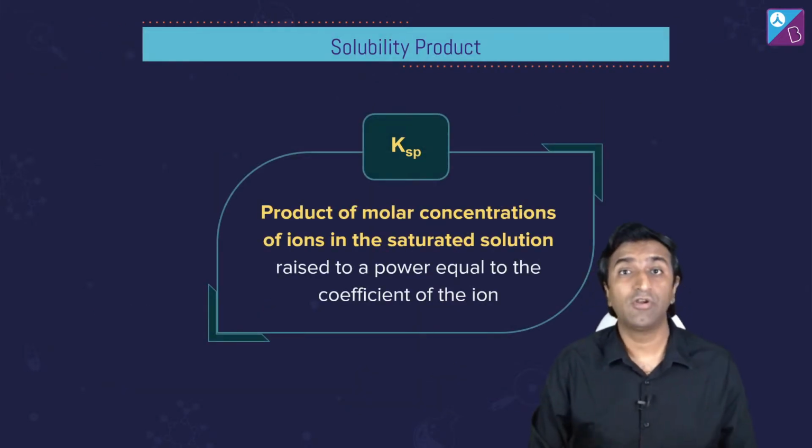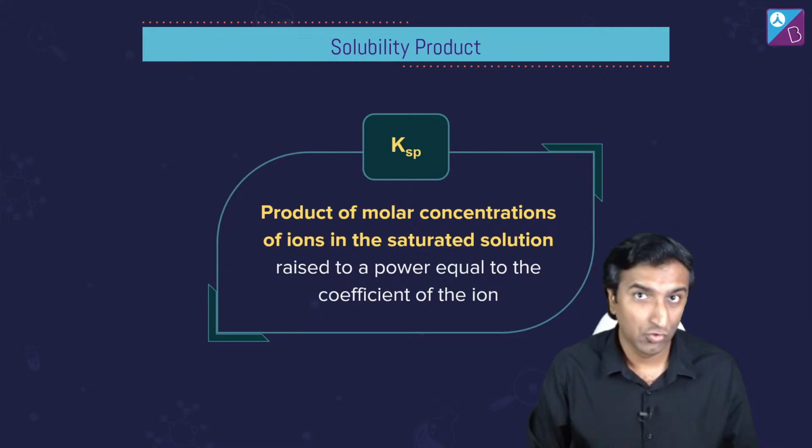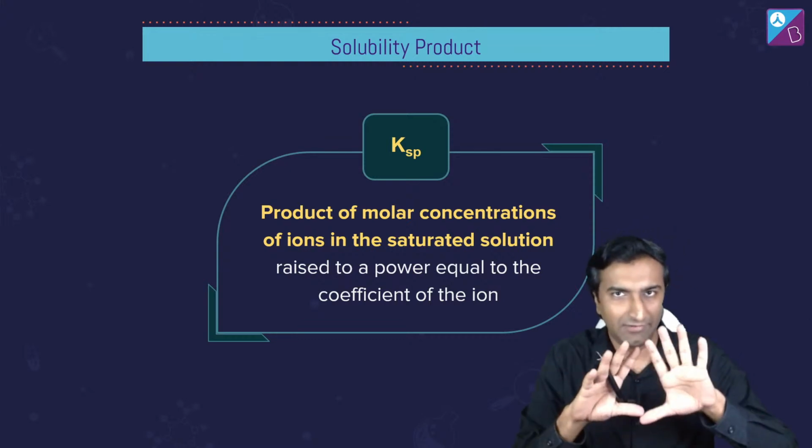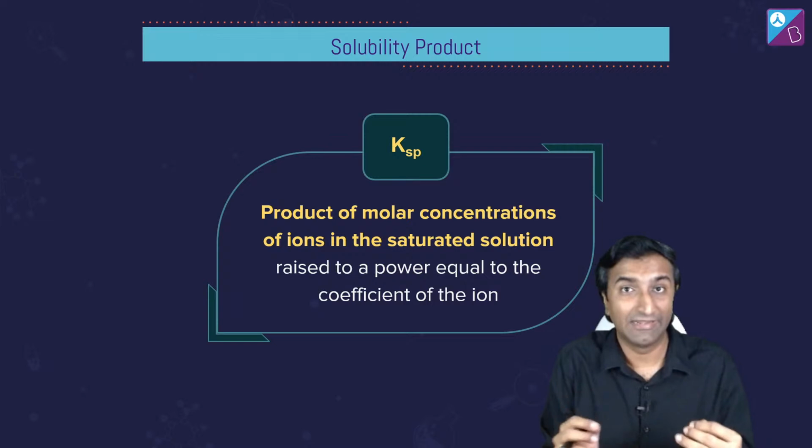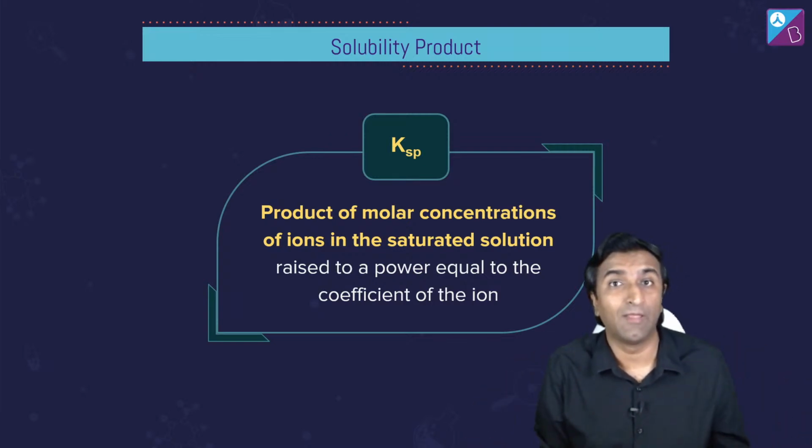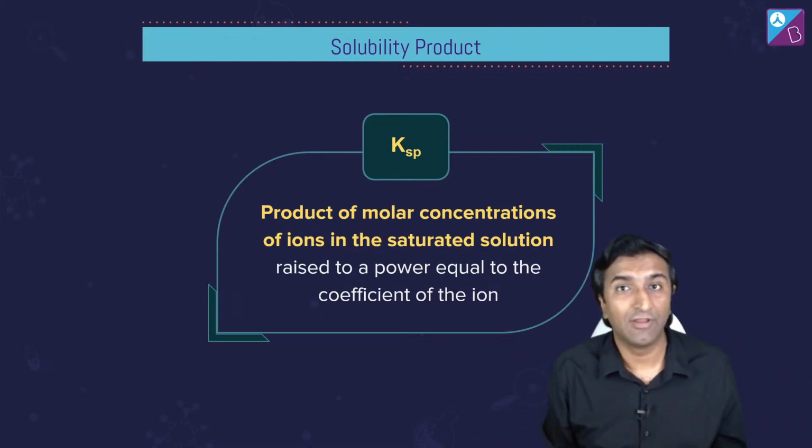Now, I want to talk about the ionic product. I have defined to you, in a mathematical way and the theoretical idea, कि KSP का क्या मतलब होता है, solubility product. Now, let's talk about ionic product.